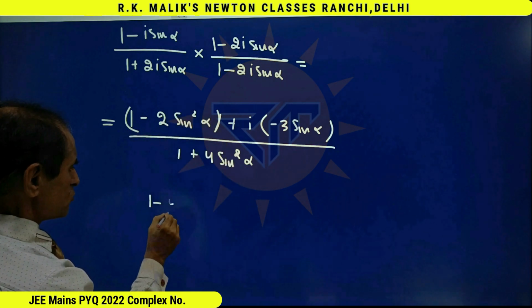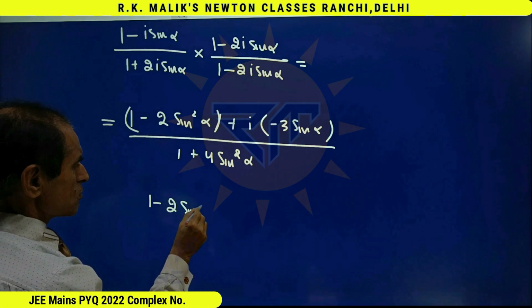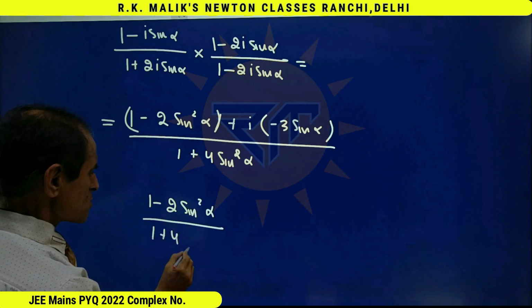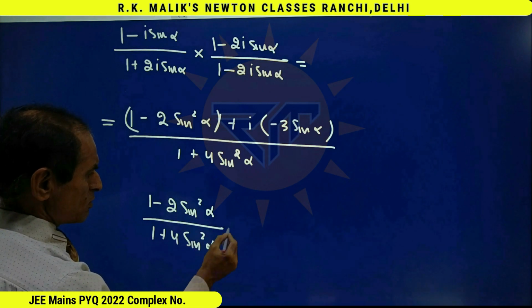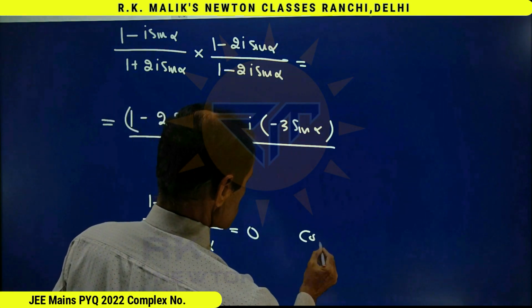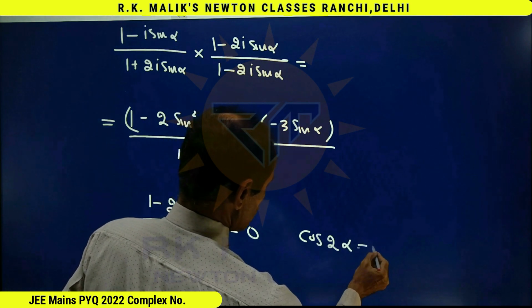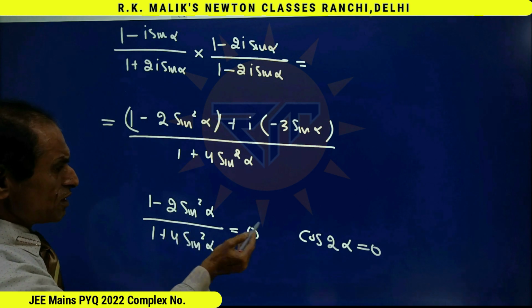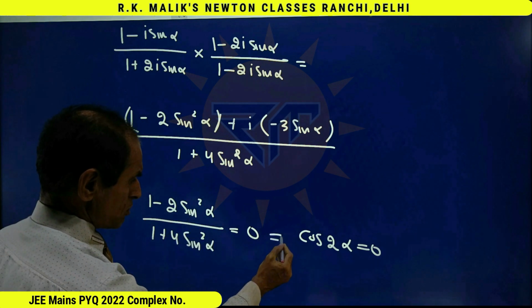And now I put the real part of it equal 0. I get 1 minus 2 sin square alpha upon 1 plus 4 sin square alpha equal 0. I get cos 2 alpha equal 0 because 1 minus 2 sin square alpha is cos 2 alpha.